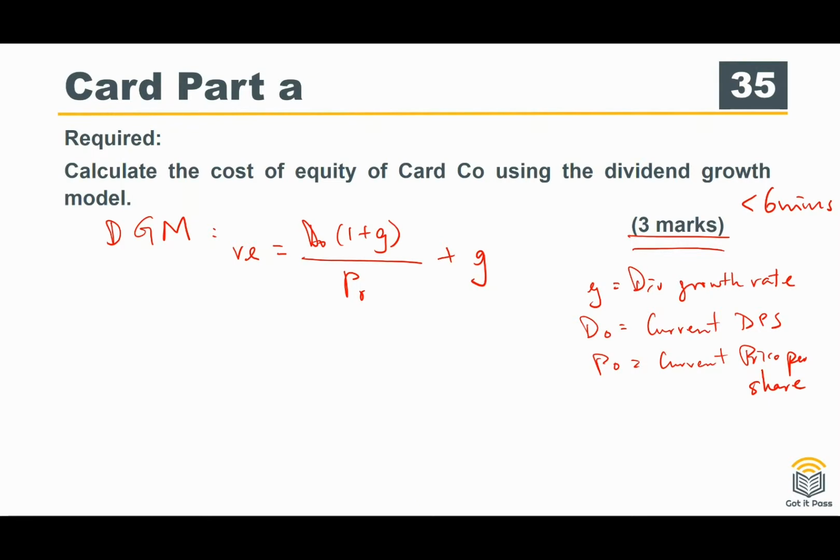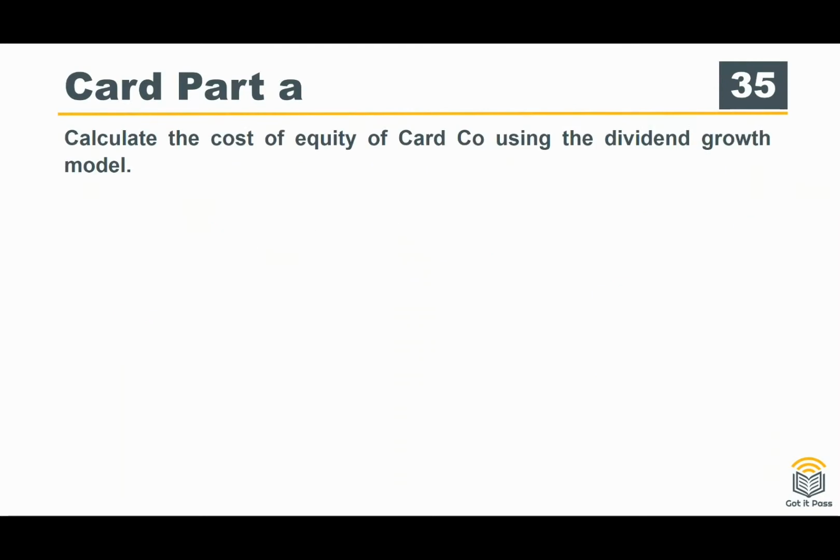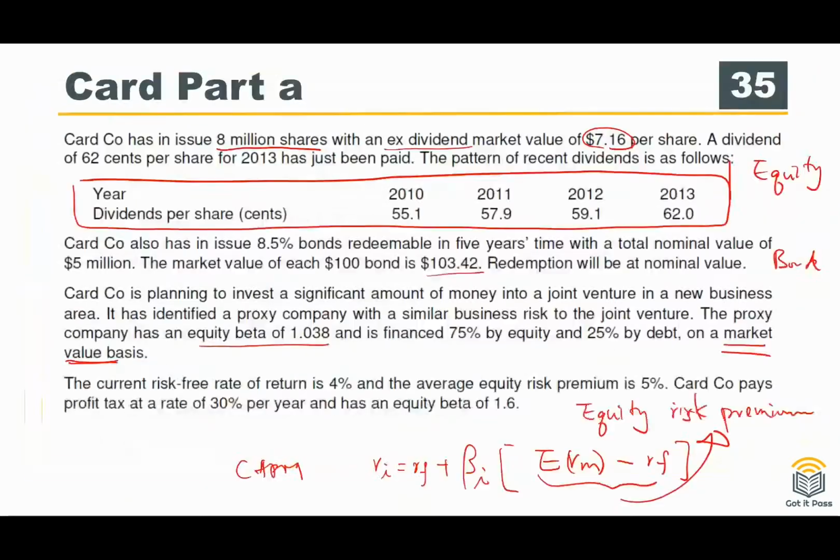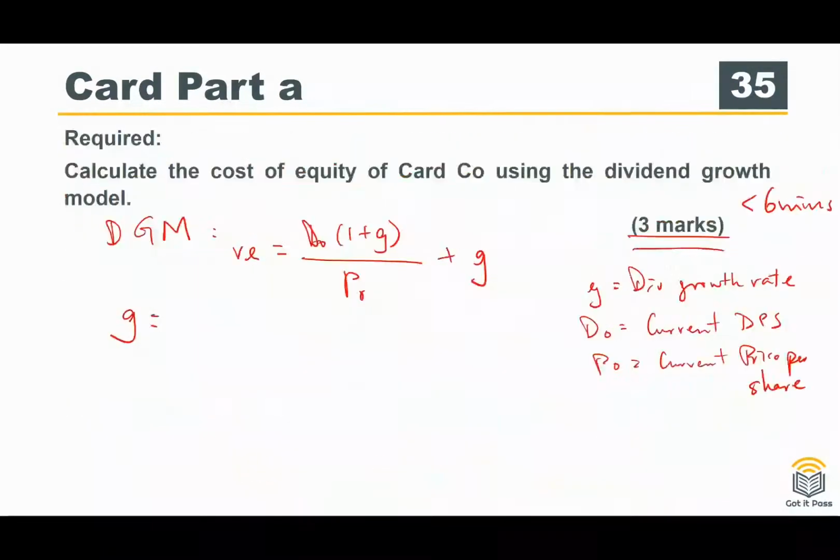So from the information given to you here, you can find the growth rate. How to get the growth rate? If you check the information, the latest dividend per share is 62 cents here, and in 2010 the dividend per share is only 55.1 cents.